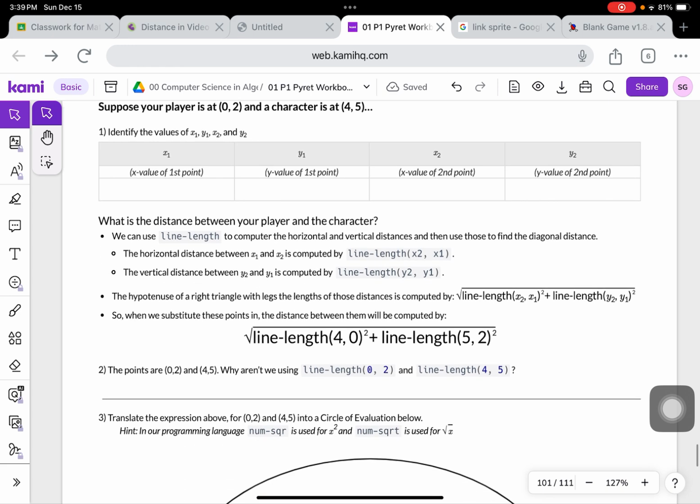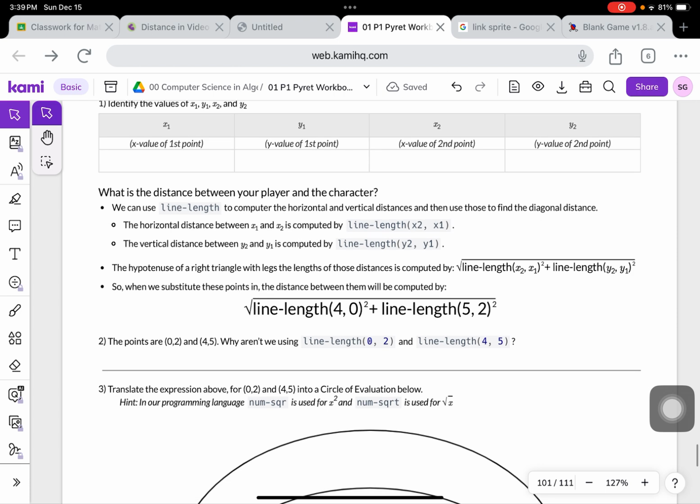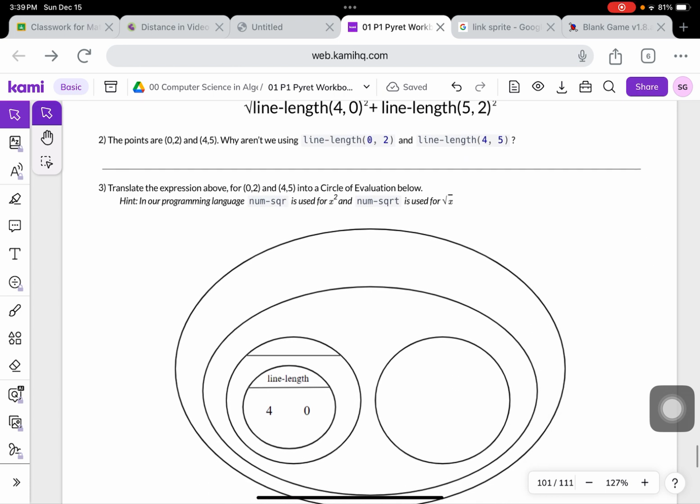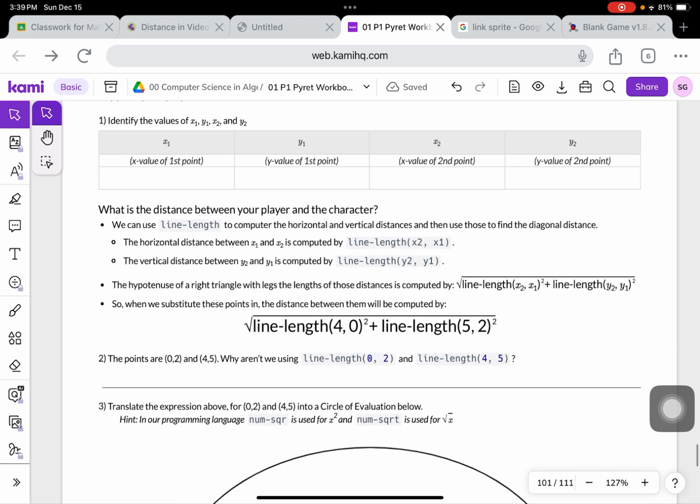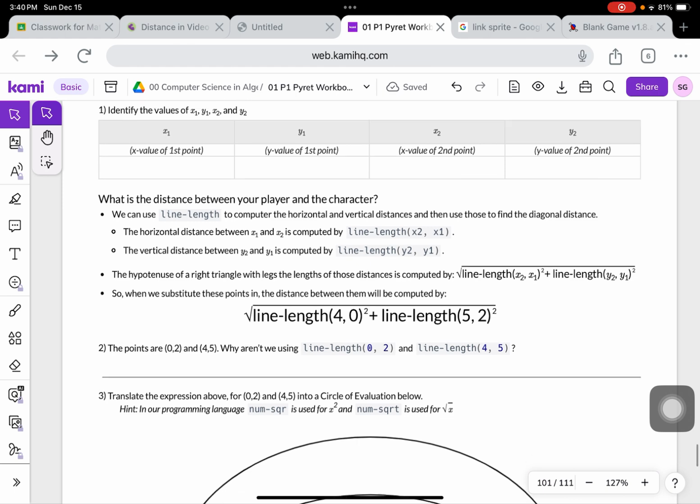Okay, you can use line length, but you could also just subtract them. I'm just going to subtract them, but the hypotenuse of a right triangle with legs the length of those distances is computed by the square root of the line length function squared plus the line length function squared.